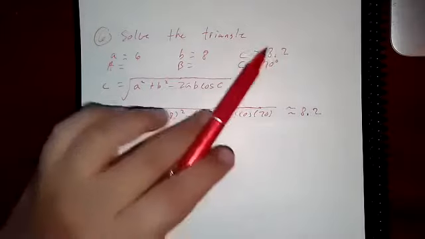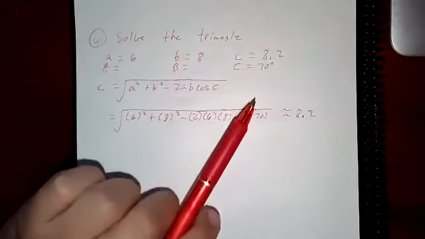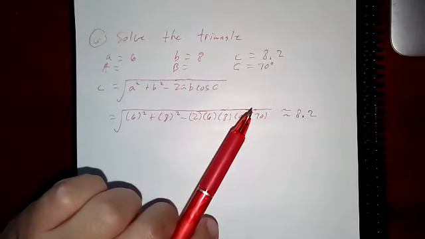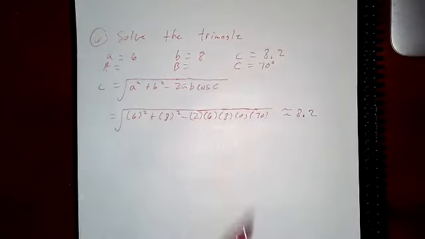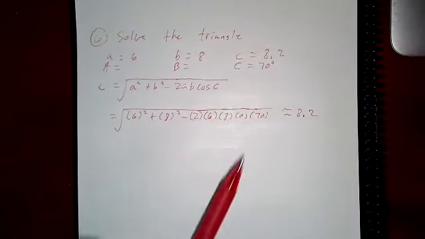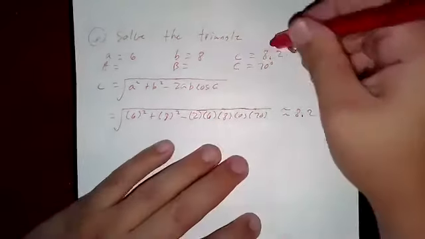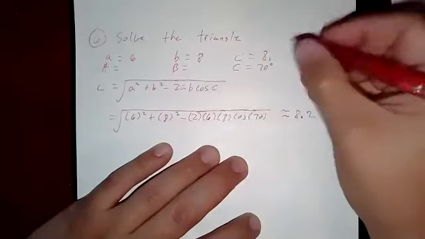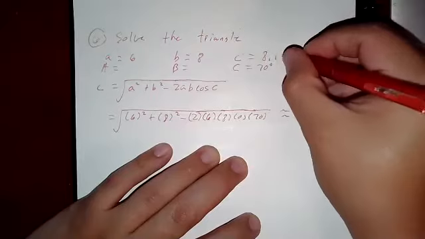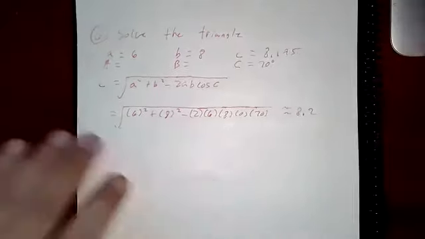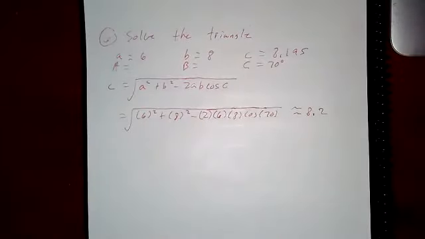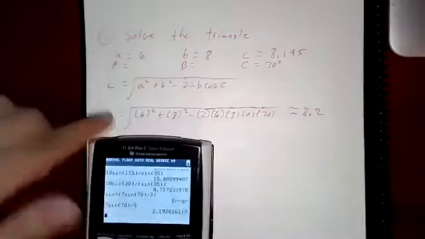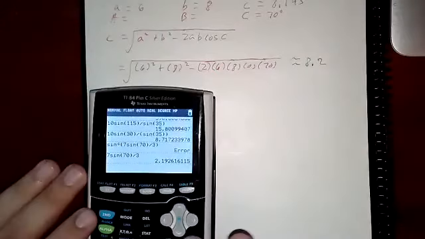So now we have the opposite side. I'm gonna add a couple of decimal places just in case, 8.195, just to see if it changes the final answer.